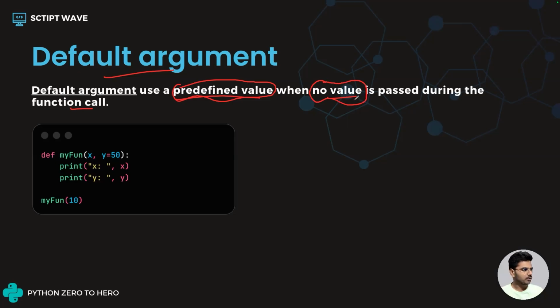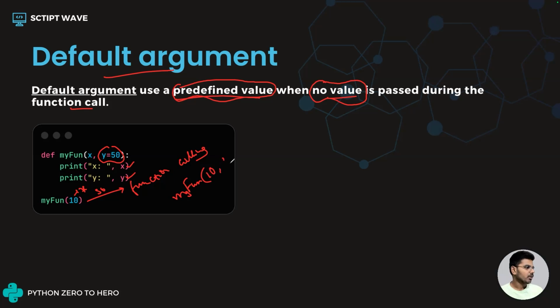So here we have the clear example. We have def my function and we are just printing the x value and y value. While we are calling the function, we are giving only one input, and by default it will be picked as the x argument and the y value will be 50. What if I give my function 10 comma 30?